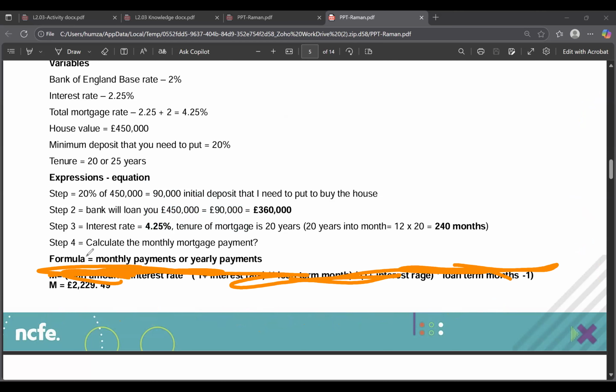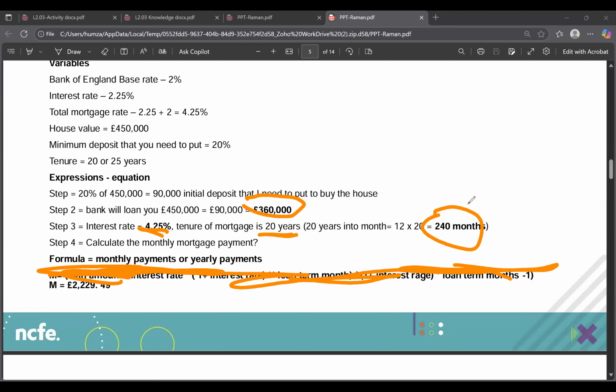So we want to work out the total monthly payment, right? Except for the deposit, they owe 360,000. That's what the bank will loan. The interest rate is 4.25%, as written here, and the mortgage years is 20 years, which equals 240 months.